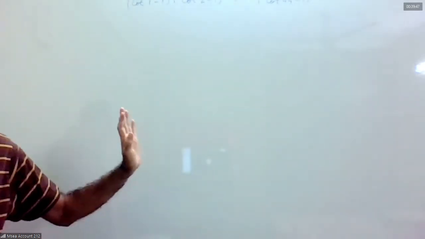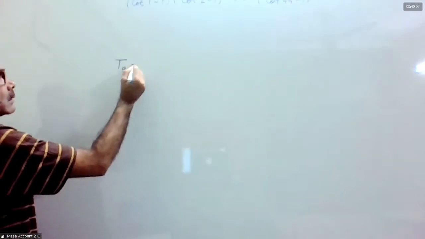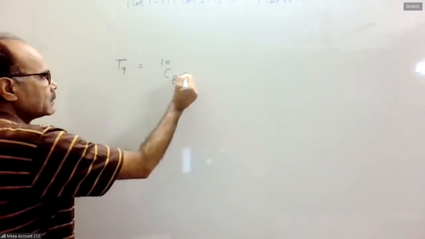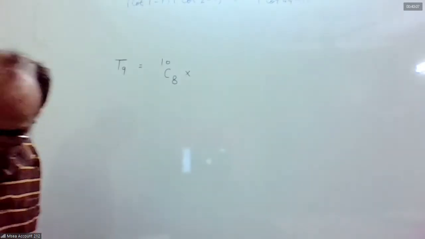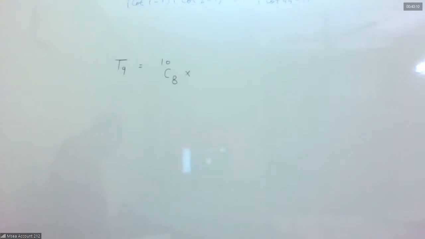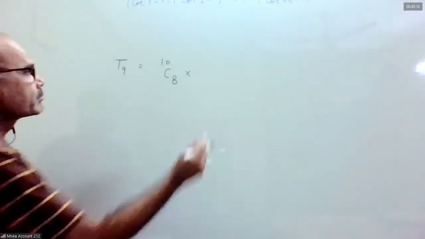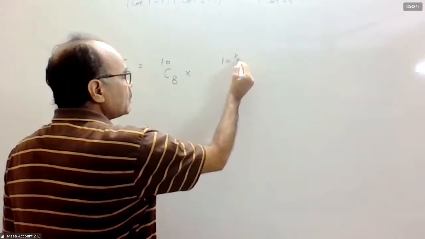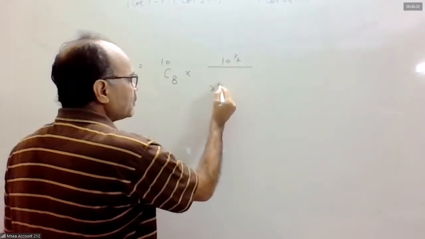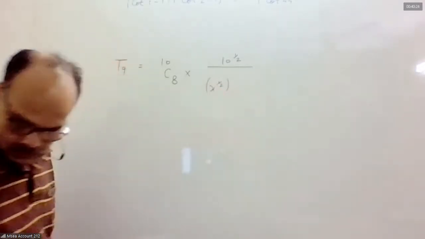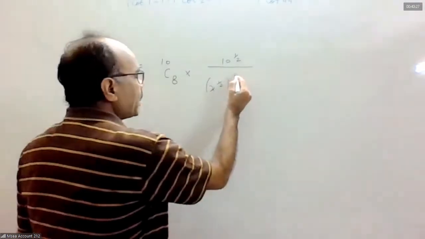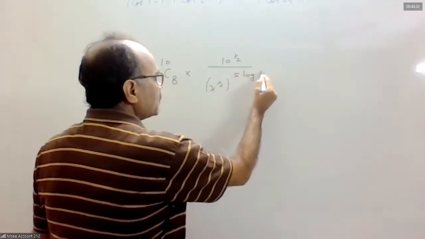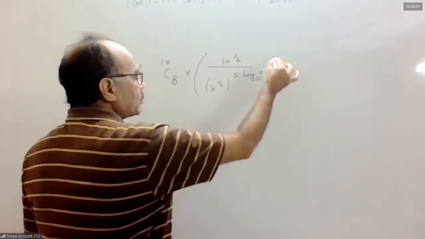If the 9th term, you have the question paper, I am writing directly. The 9th term means 10C8 into root 10, I am taking it as half, by x to the power 1/2, 5 log x to the power 5 log x base 10, this to the power 2.